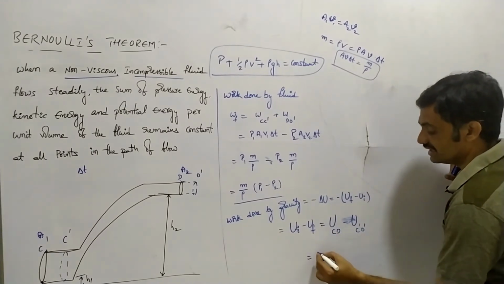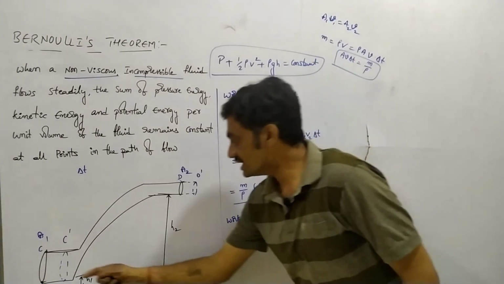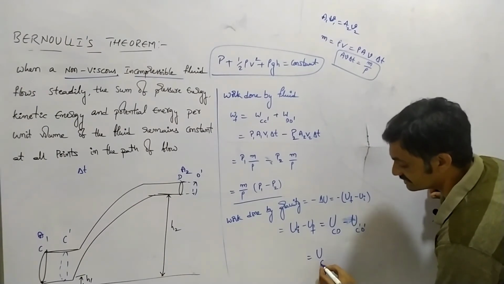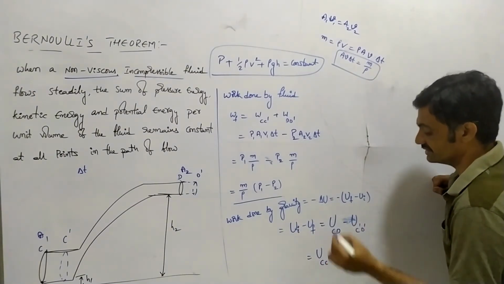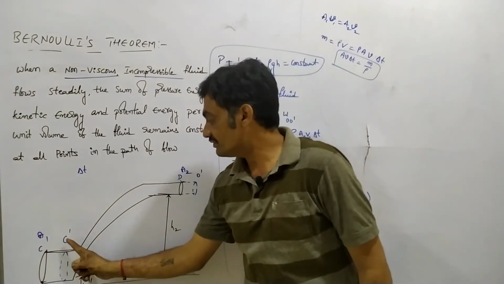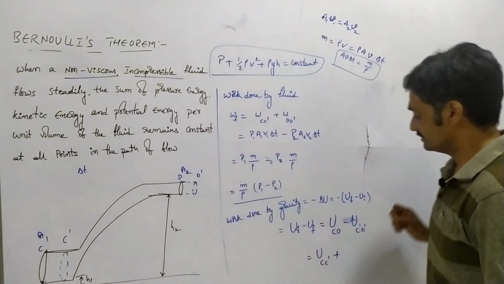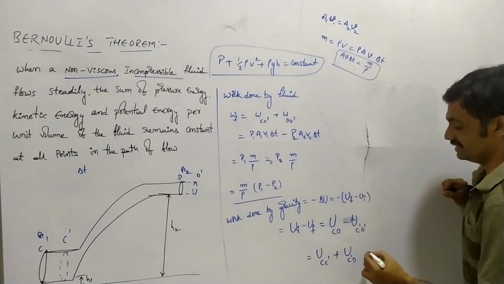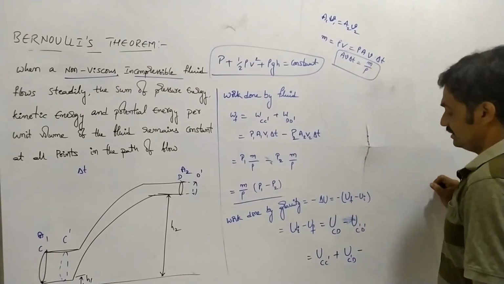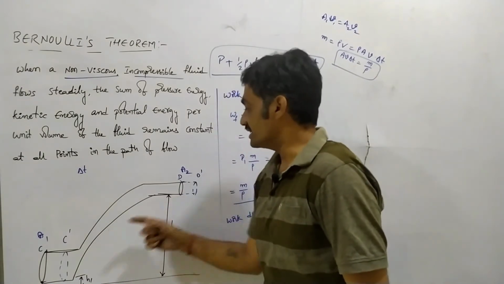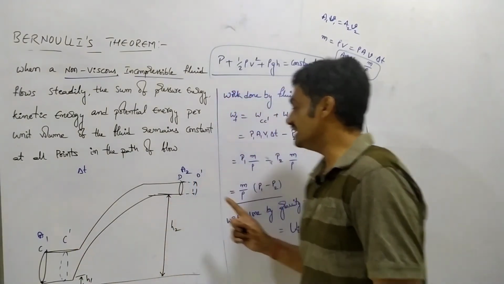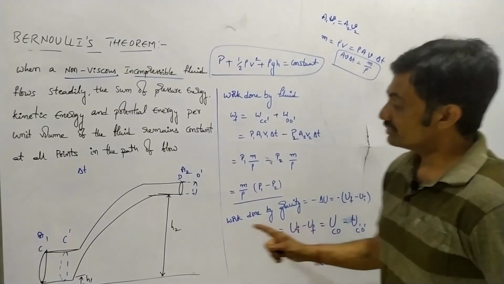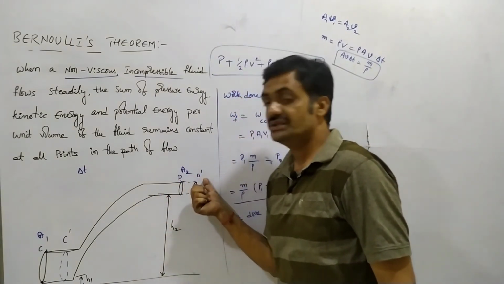So here I am going to consider the expression as potential energy in order to move the fluid from C to C dash, plus potential energy in order to move the fluid from C dash to D, minus potential energy in order to move the fluid from C dash to D, minus potential energy in order to move the fluid from D to D dash.